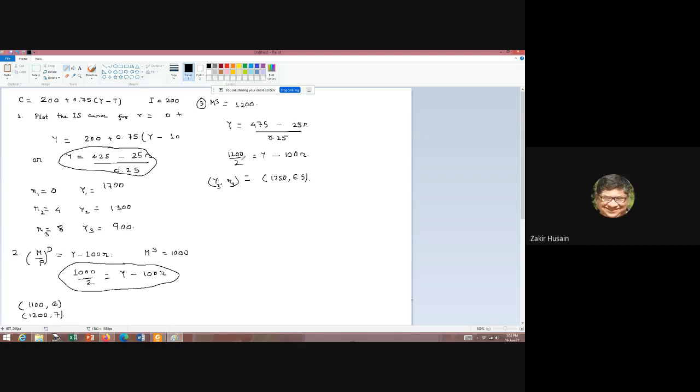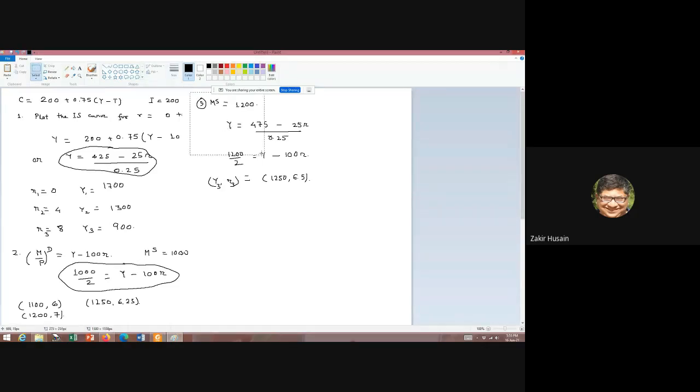If money supply goes up, the rate of interest should come down. Yes, sir, from 6.7 it's coming down, and income is going up. So at least it's matching. Okay.